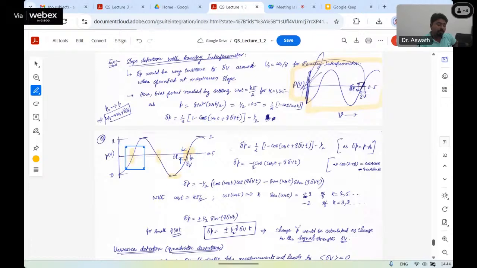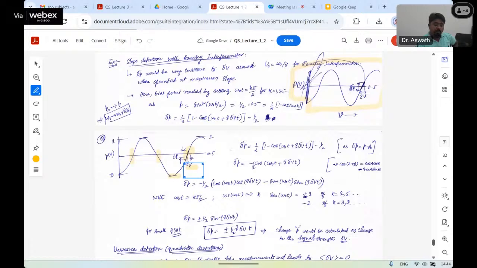I can choose particular locations where the rate of change of probability is connected to the rate of change of signal strength. Basically, I'm trying to find delta P by delta V, the coupling factor gamma, from the curve.